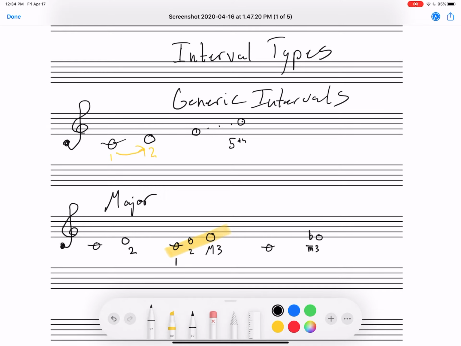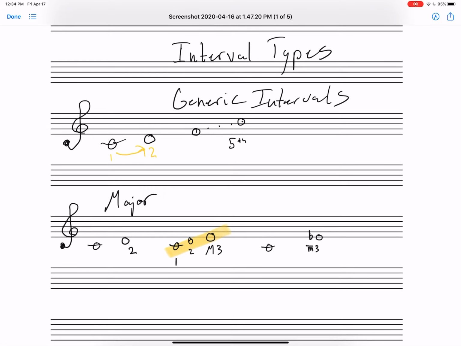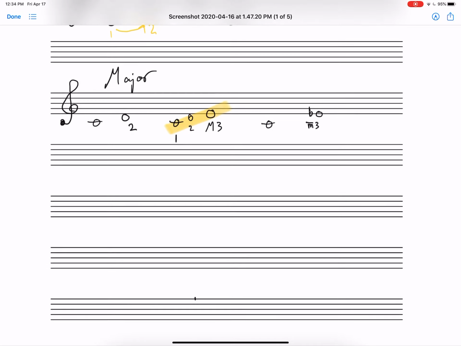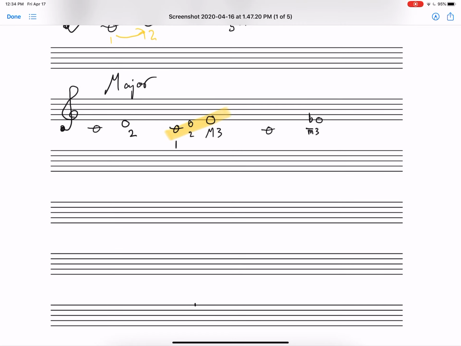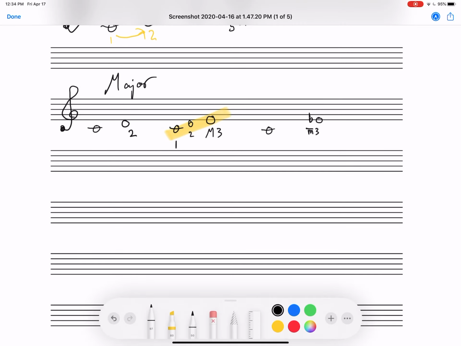All right, so let's go to diminished first since we're going in the same direction here. This is our major, this is our minor, and then we're going to go to diminished.